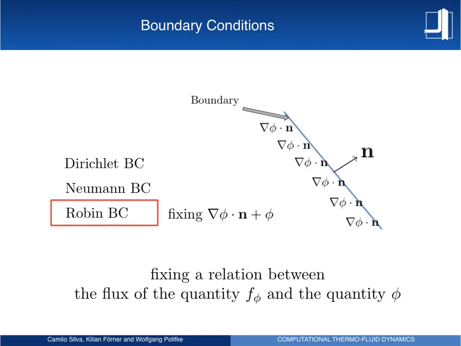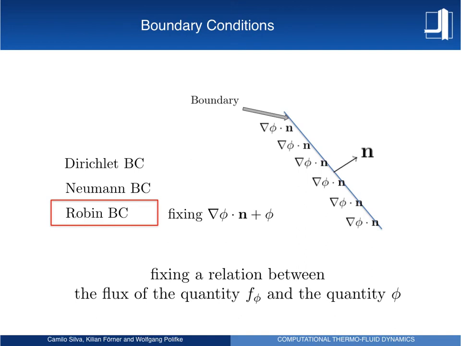Okay, and finally we have the Robin boundary condition, which is nothing but the combination of Dirichlet and Neumann, a sum of the two. We will see in the next class, when talking about finite differences, that this is very helpful for conjugate heat transfer.